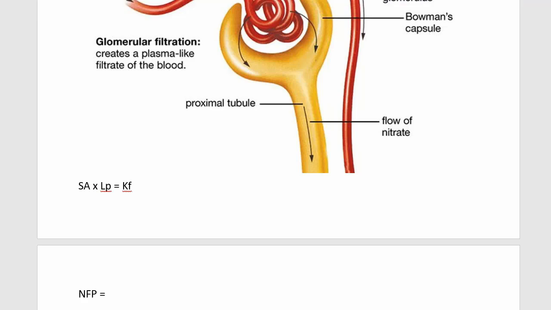Neither blood pressure nor filtration pressure is involved in the glomerular filtration coefficient. So they're not related to this equation.